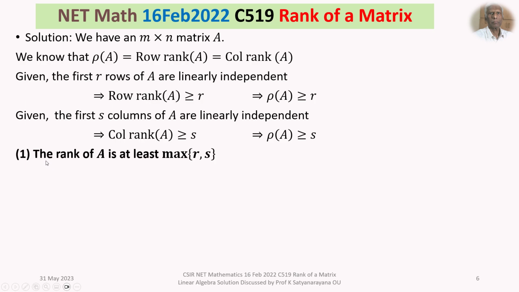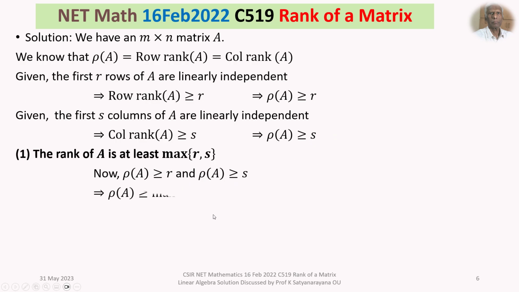Option 1 says the rank of A is at least the maximum of r, s. Yes, this is true. How? Now, rank of A is greater than or equal to r and rank of A is greater than or equal to s.